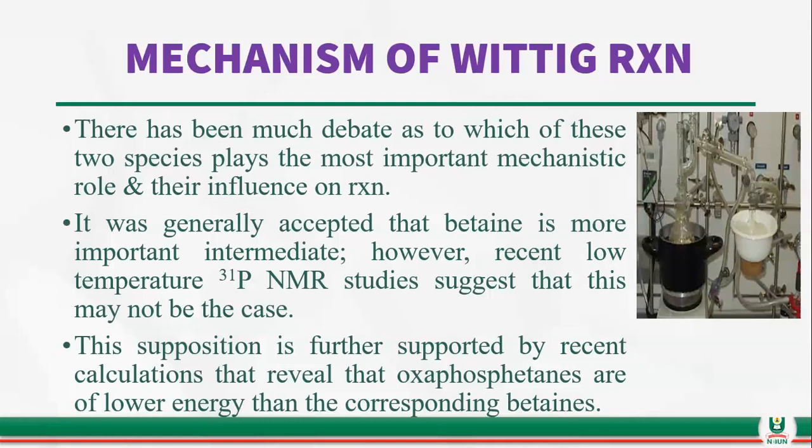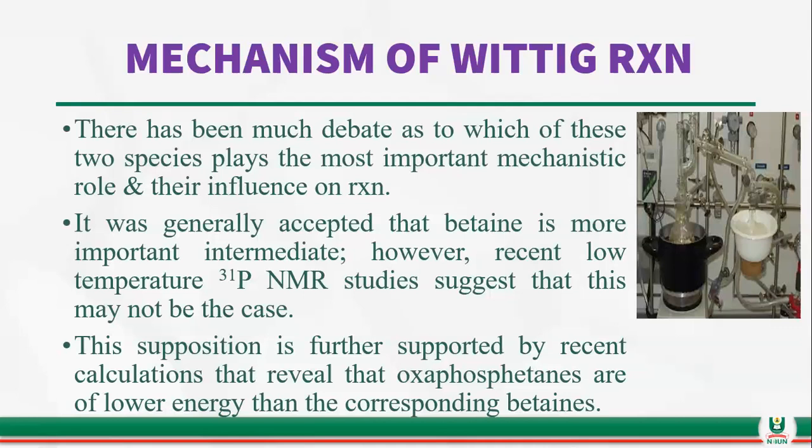Is it actually the betaine that is the most important intermediate, or is it the oxaphosphetane, the 4-membered ring? They generally believed it was the betaine before, but the labeled isotope NMR proved that no, oxaphosphetane is the most important intermediate.